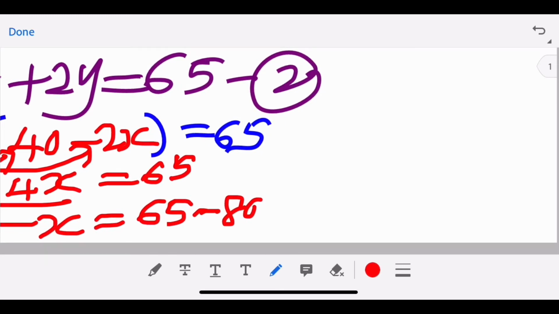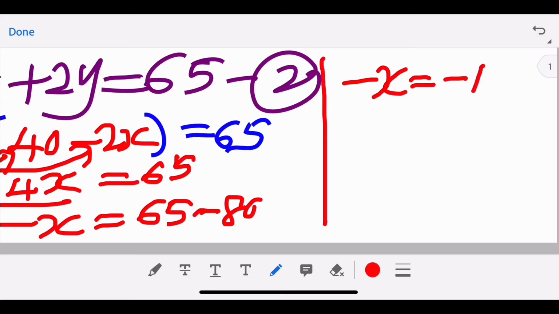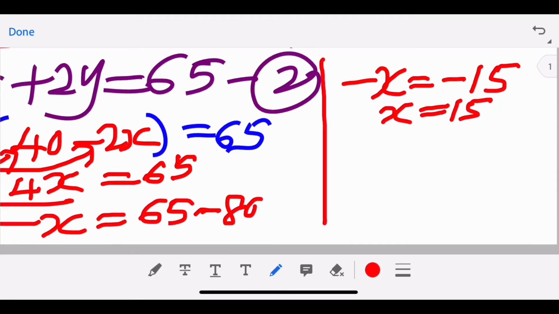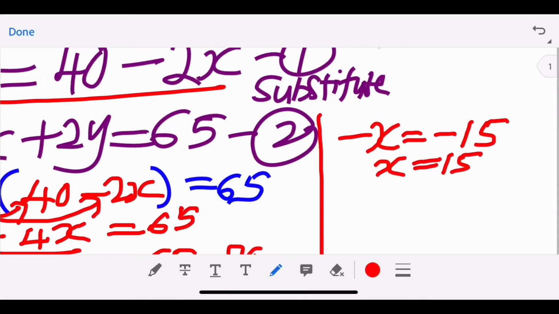So that means if you minus, you will get negative 15. So negative x equal to negative 15. Finally you have to write x equal to 15.